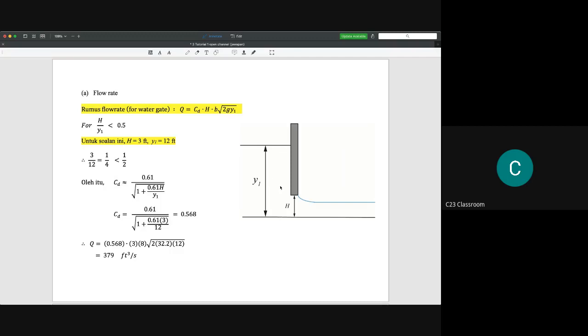The flow rate means the velocity or the flow rate when the water starts to flow through the sluice gate here. Because this is a dam, we assume that the water at the dam is normally static. So you take the velocity at the surface equal to 0 if you use the Bernoulli equation.